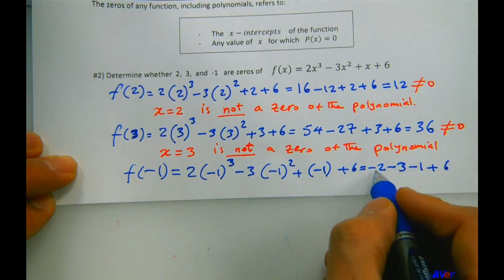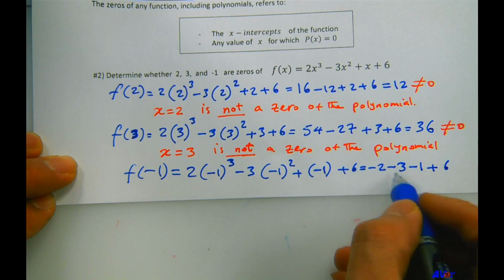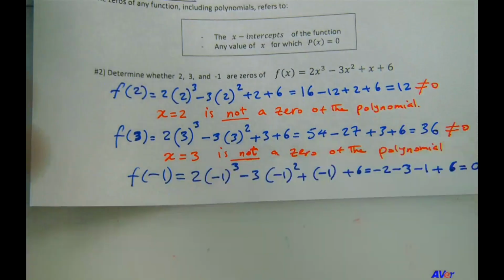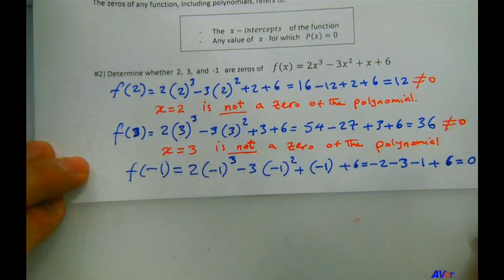So clearly we have -2, -3, -1 added together, we get -6. Plus 6 is equal to 0. So this one checks out.